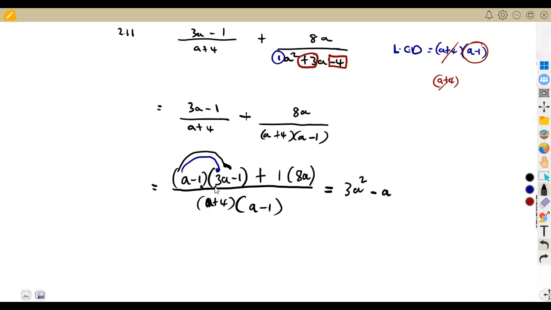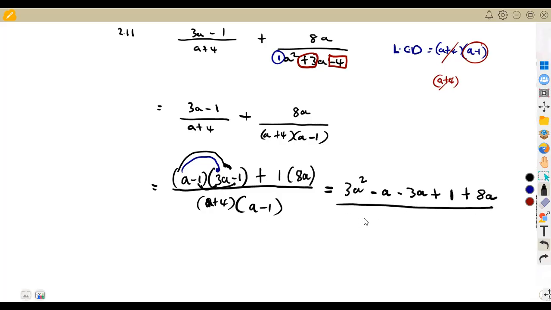So that's -1 times 3a, which is minus 3a, and -1 multiplied by -1 is going to be a positive 1. Okay, so we multiply everything. And on this part, it's plus 1 times 8a, which is plus 8a. Everything over your LCD.